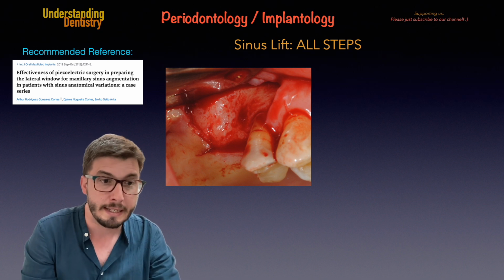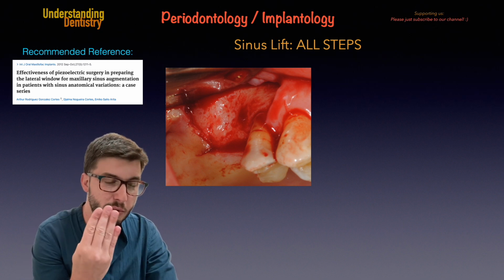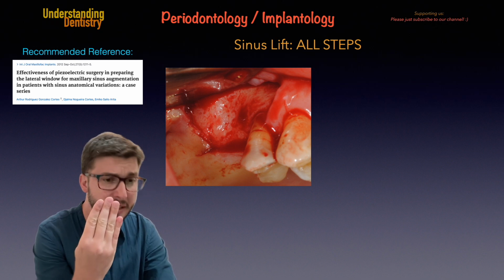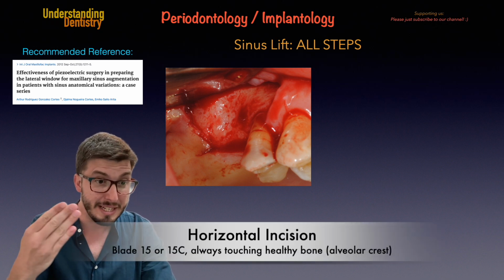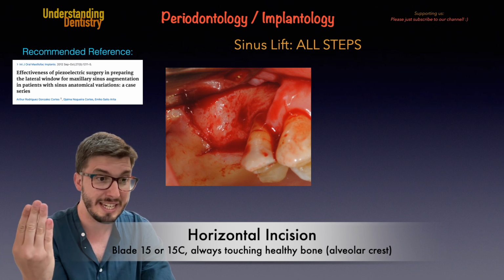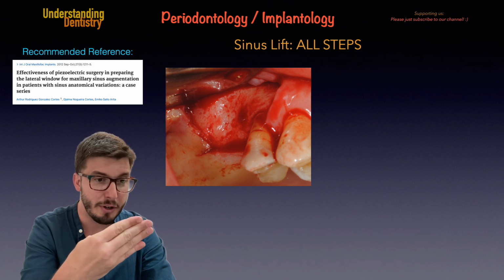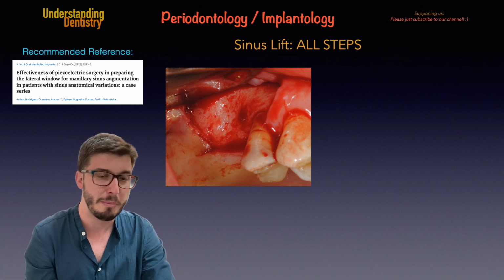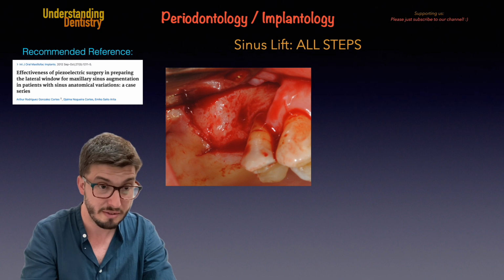Now, how to do this horizontal incision? You go 90 degrees with the scalpel blade, then we proceed with 45 degrees, and then we finish in 90 degrees as well, and then we remove our scalpel blade. So this would be your crestal incision.